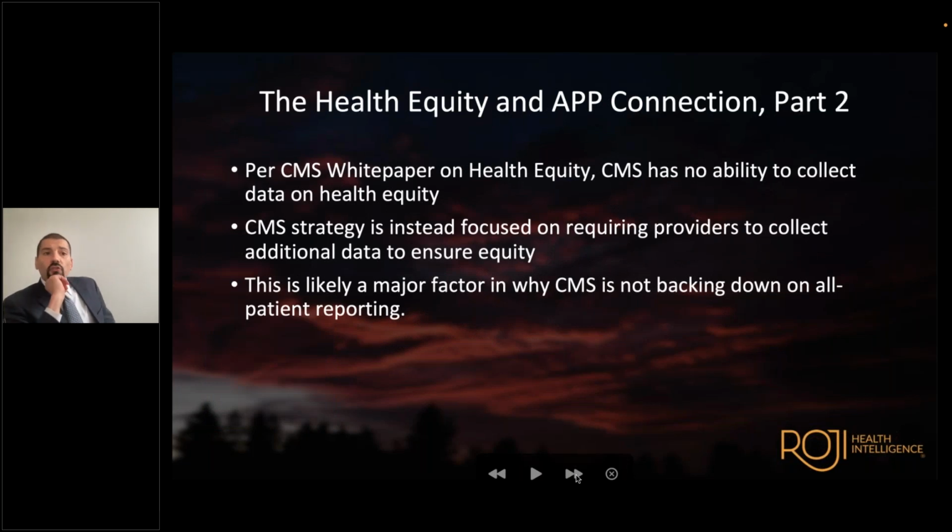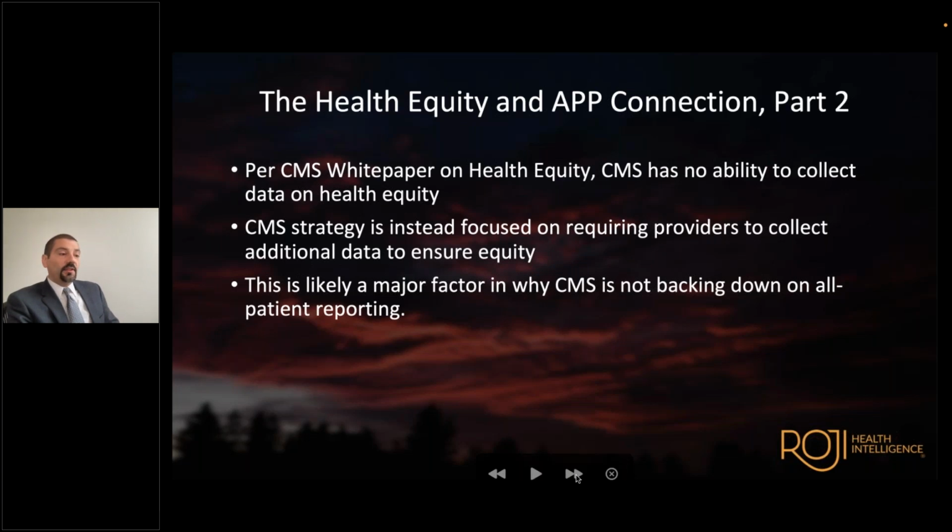There's a little more to the story too. For the CMS white paper on health equity, CMS does not have an ability to collect any data on health equity. It's something that is out there, but it is unknown. So this strategy is focused on getting providers to collect additional data to ensure equity. And it's also a big reason why CMS is not backing down on all patient reporting.